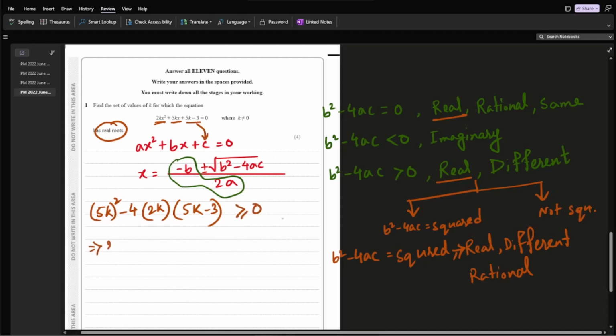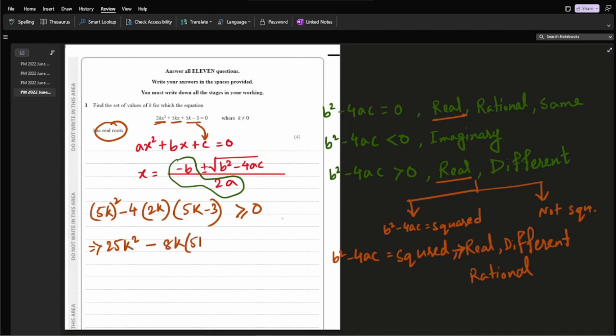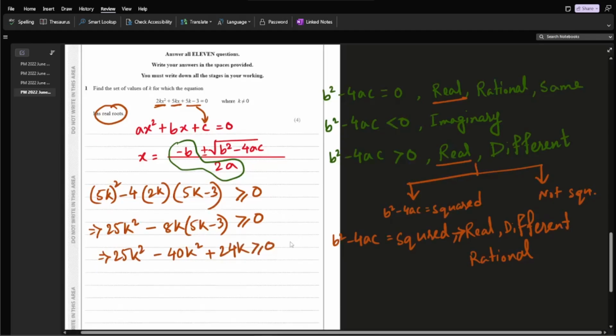If you simplify, 25k squared minus 8k into 5k minus 3 is greater than or equal to 0. 25k squared minus 40k squared plus 24k is greater than or equal to 0.